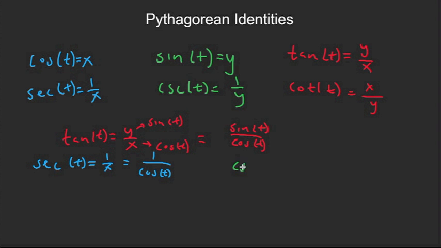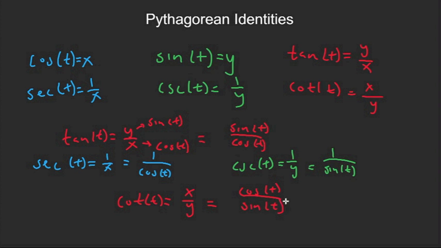And then with cosecant, we know that this is 1 over y, and we know that y is sine, so cosecant is 1 over sine of t. And lastly, we know that cotangent is x over y. So this can be rewritten as cosine of t over sine of t.